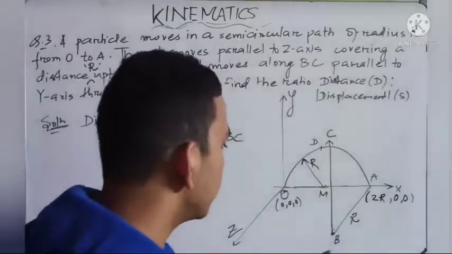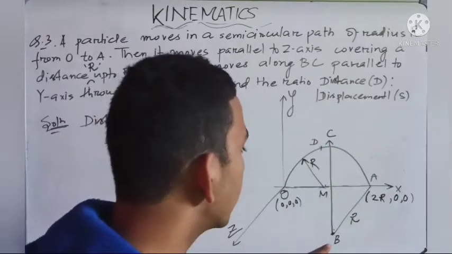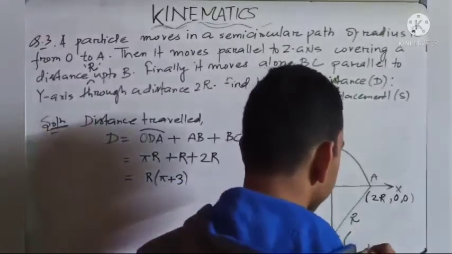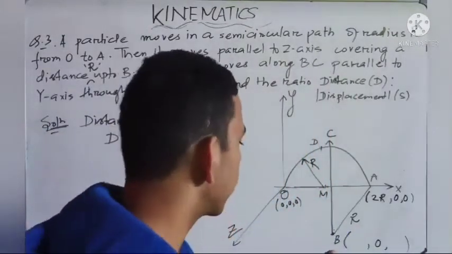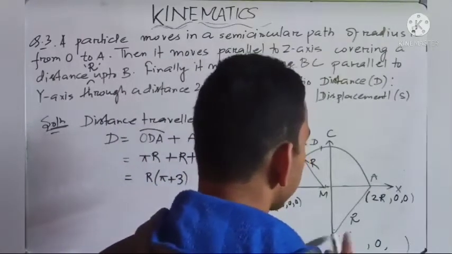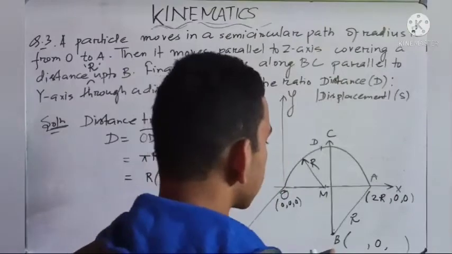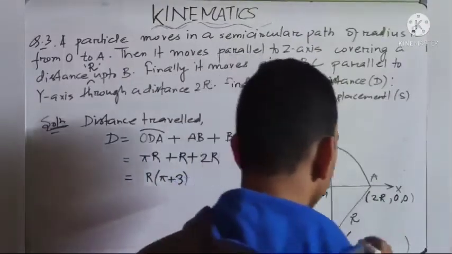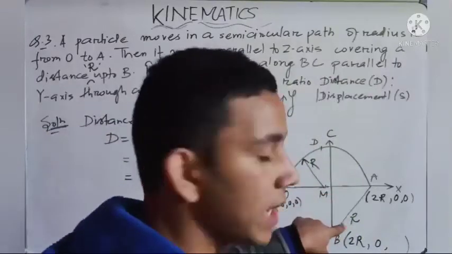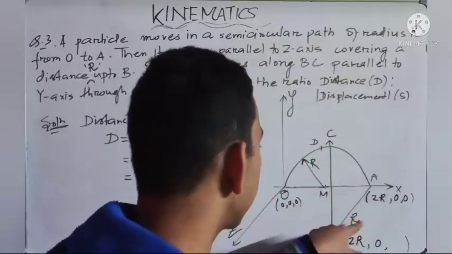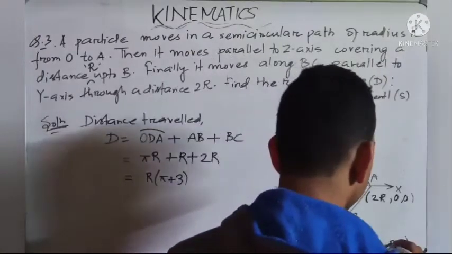Now the point B is lying on xz plane. That is why its y coordinate is going to be 0. Now we have to write its x coordinate and z coordinate. Since the line AB is parallel to z axis, the x coordinate of B is going to be the same as that of A, which is 2r. And its z coordinate is going to be r because from the point A, it has moved by distance r in the direction of z axis.